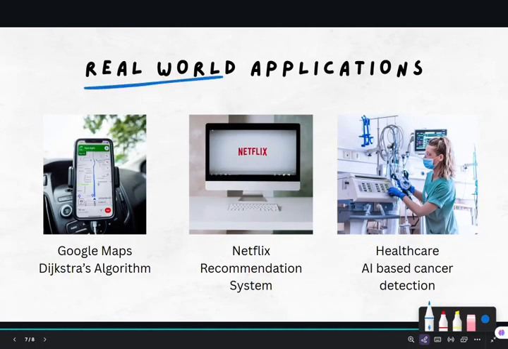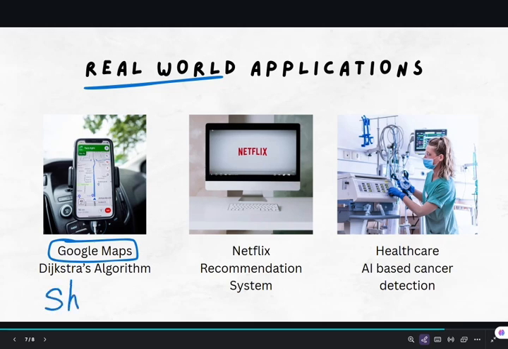Okay, so what are some real world applications of CompSci? So you all must have used Google Maps in your daily life, right? So how do you think it might be telling you the best route for going from point A to point B? Let's say you want to go from your house to your friend's house. How do you think Google Maps knows which is the best way, how to avoid the traffic and give you the shortest path basically?